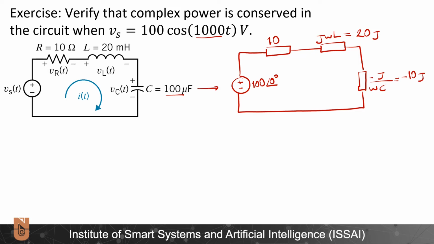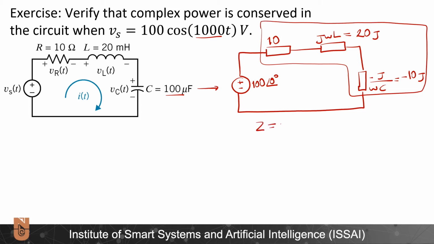Therefore, the combined impedance here will be all of these added together. So it will be 10 minus j10, and in polar format this will be 10 times square root of 2 at plus 45 degrees.